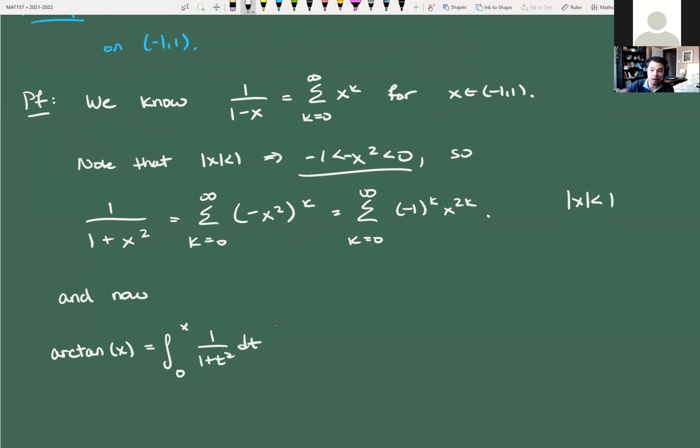But according to my theorem above, and again, I do have to actually look at some smaller r's, but I'm not going to worry about that right now. We can think about the logic of that later. And voila, I now have a formula for arctan.